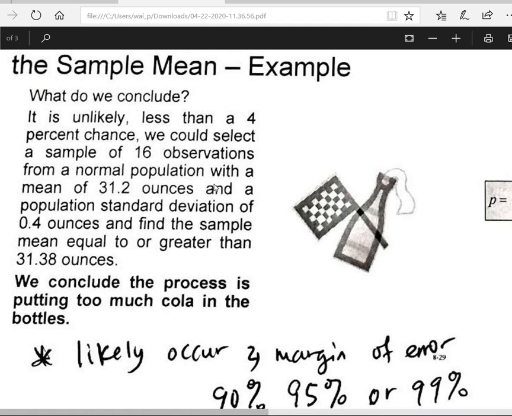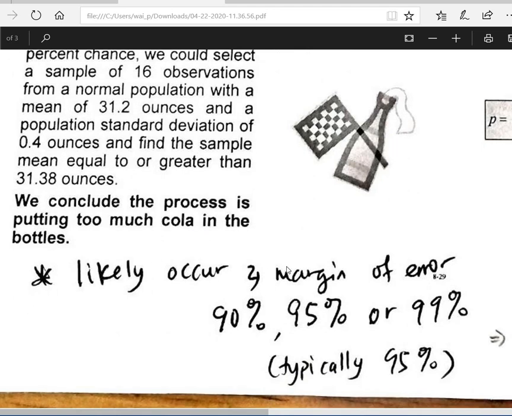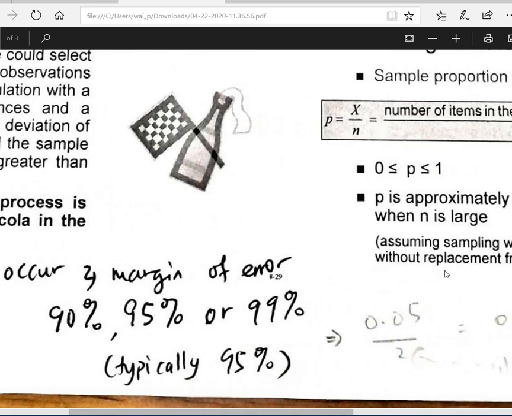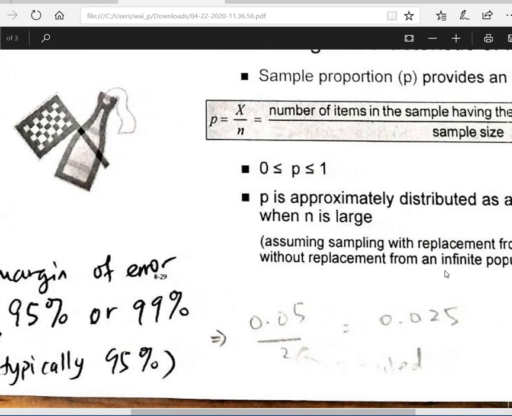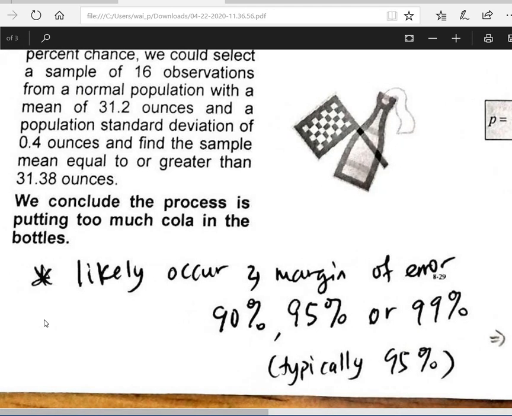Why? Because we only can get less than 4%. If it is likely to occur, we follow the margin of error, 90%, 95% or 99%, which is typically 95%. Or if we get 0.025 or 0.05, depending on one-tail or two-tail, then we call that likely.